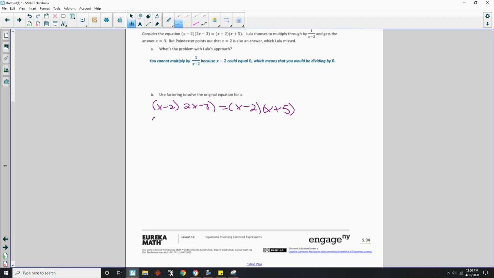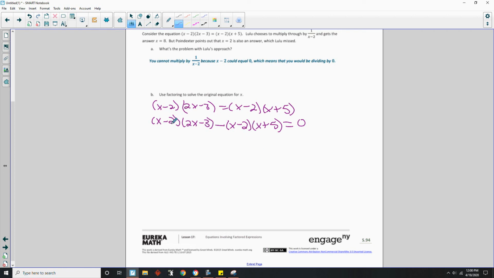So it's going to be x minus 2, oops, forgot the minus, x minus 2 and 2x minus 3, minus, so if I subtracted x minus 2, it would be over on the other side as minus x minus 2 times x plus 5, equals 0. So all I did was move this right side over to the other side and made it a minus. So I subtracted these two products.